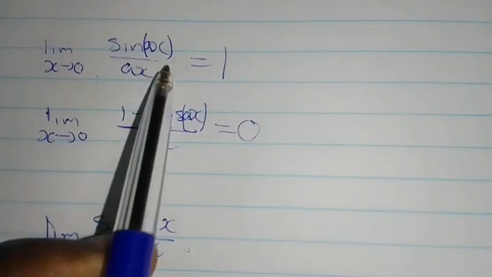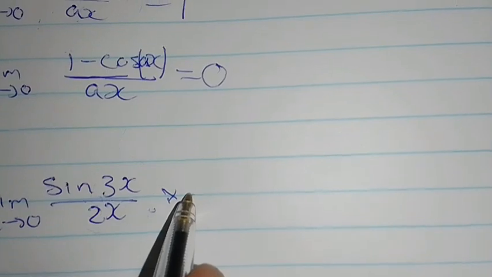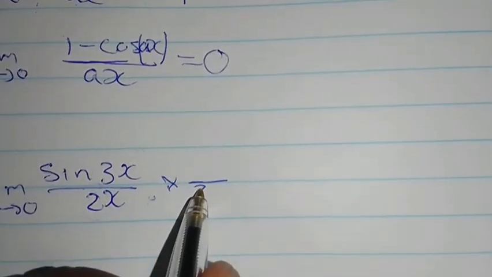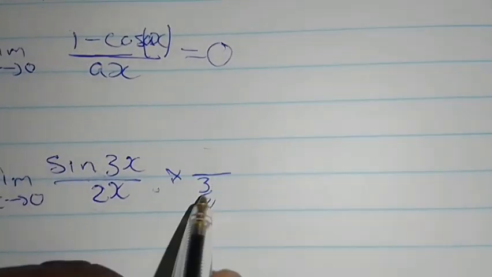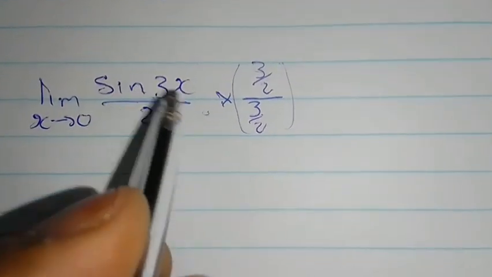We have 3x in the numerator, that means we need 3x in the denominator. How do we get 3x in the denominator? Well, notice that you have 2 here. In order to get 3, you multiply the denominator by 3 over 2. So you must also multiply the numerator by 3 over 2. So you'll have something like this.